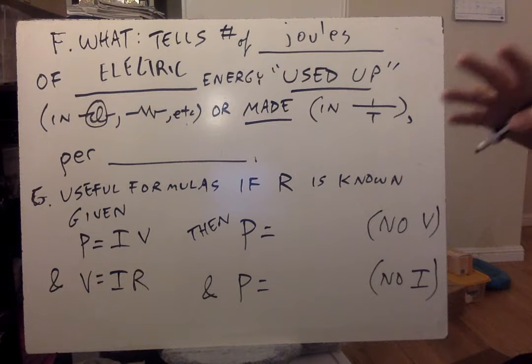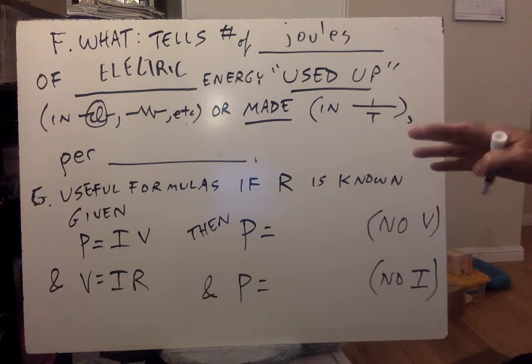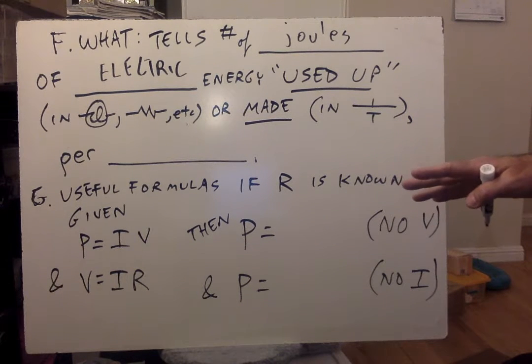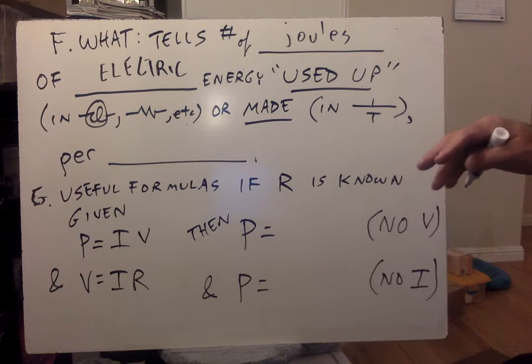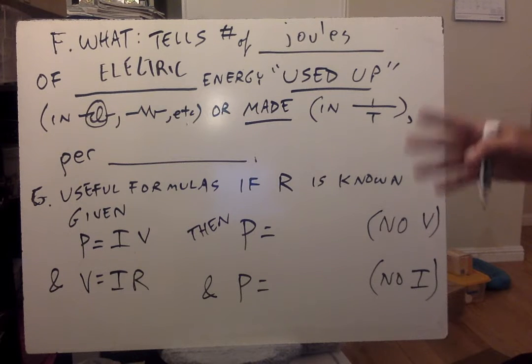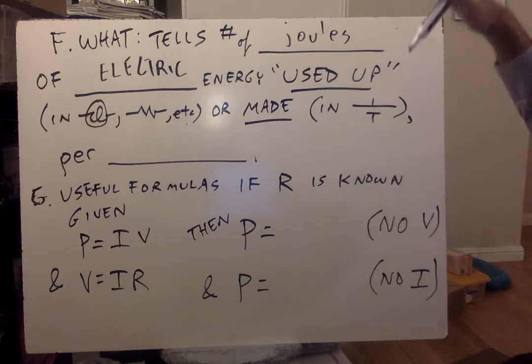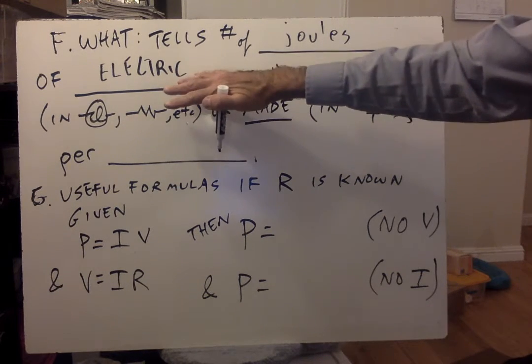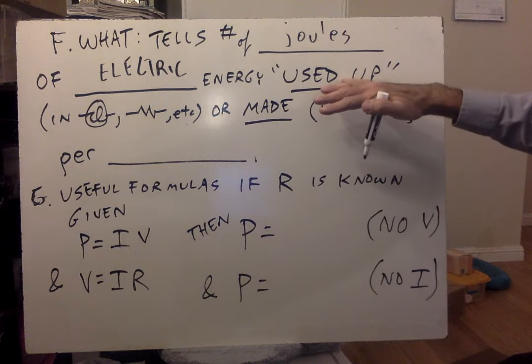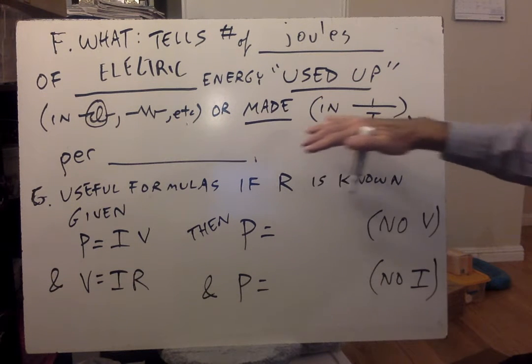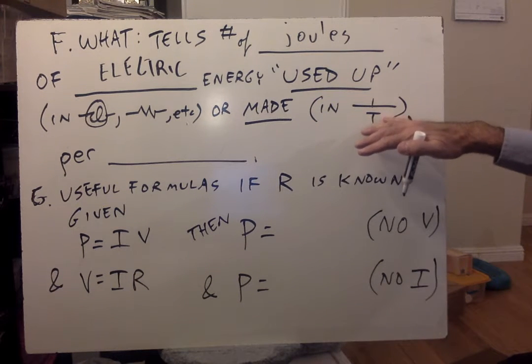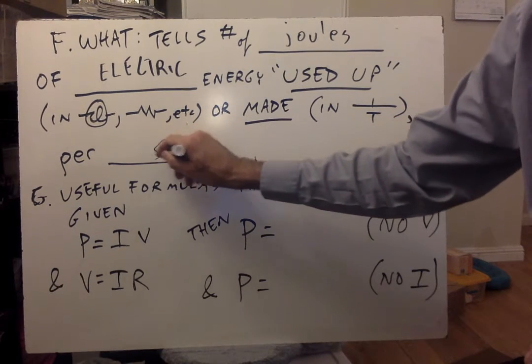It won't tell us about a change of kinetic to kinetic, for example, as in the water hitting a water wheel. It won't tell us the change of chemical to kinetic, say, in a person who's running. But it's specifically for circuits, and it specifically tells us about electric energy either being used up or being made in a battery. Per what? Per second of time.